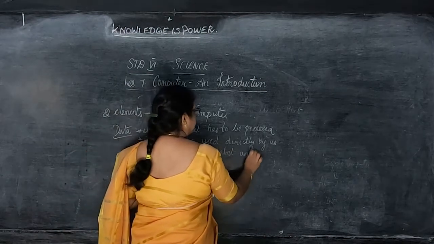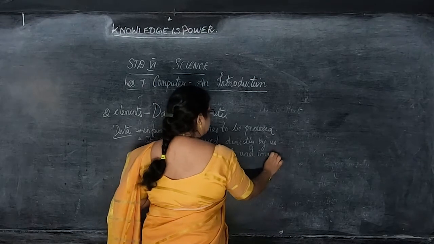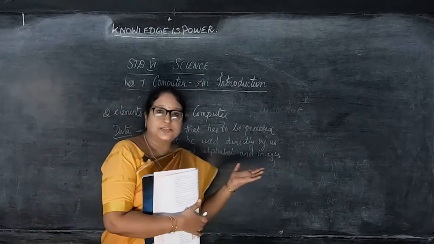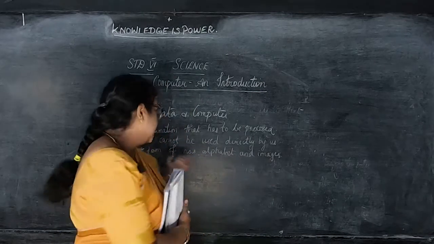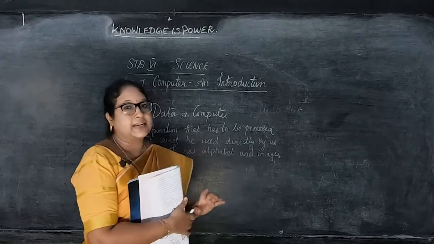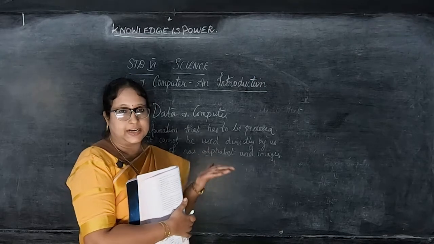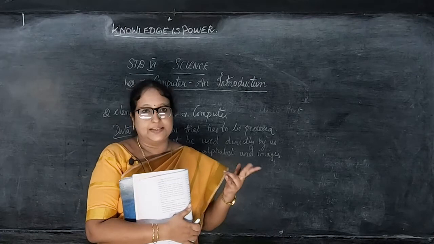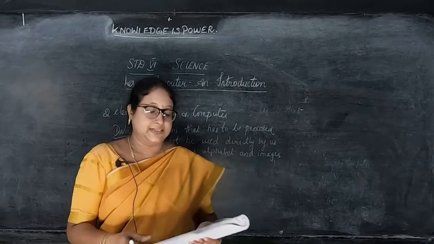Images means pictures, right? So, what is data? Data is information that has to be processed, which we cannot use directly. It is in the form of numbers, alphabets and images. Okay, children? This is called data.